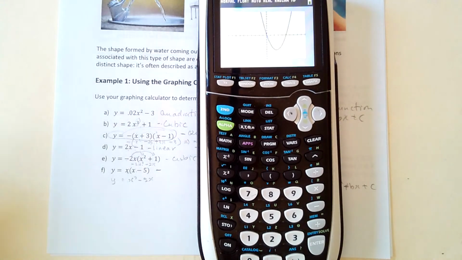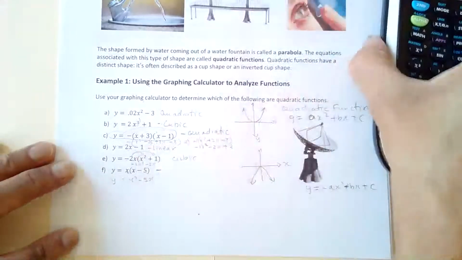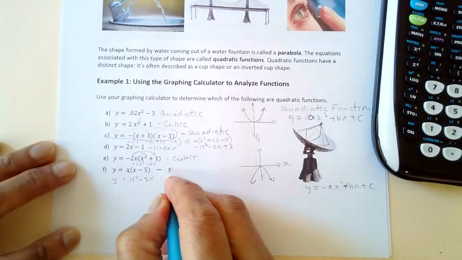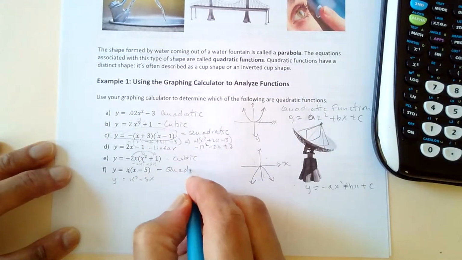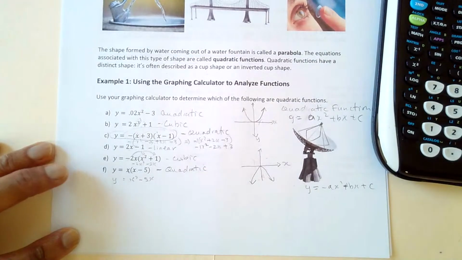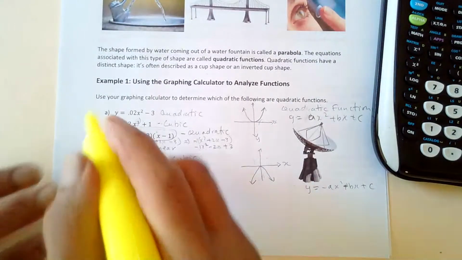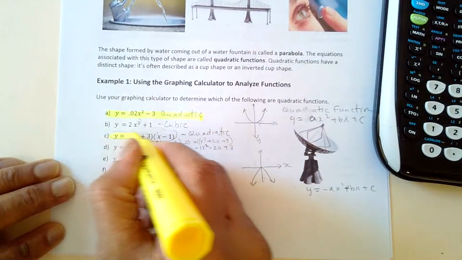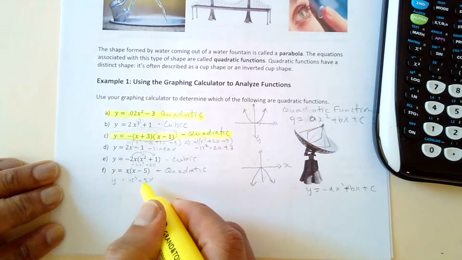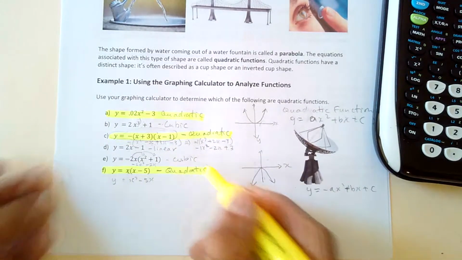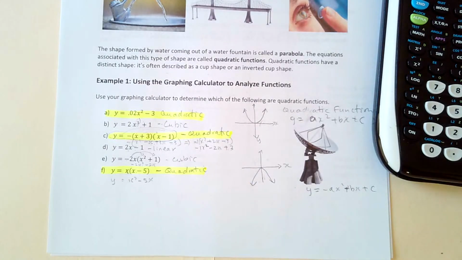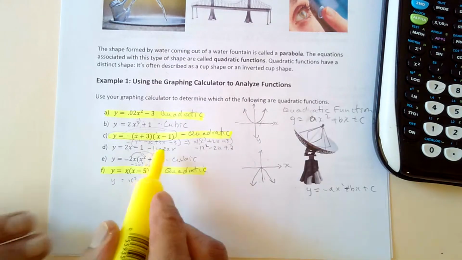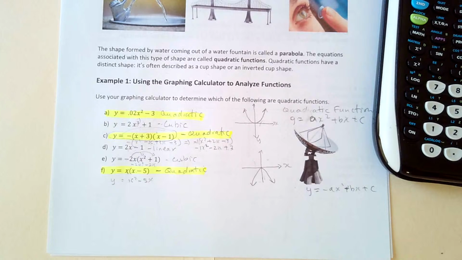As you can clearly see, it's a quadratic. So we're going to say that's a quadratic. Let me highlight. This one is quadratic. This is a quadratic going down. And this one's quadratic. So you have two quadratics, one linear and two cubic.